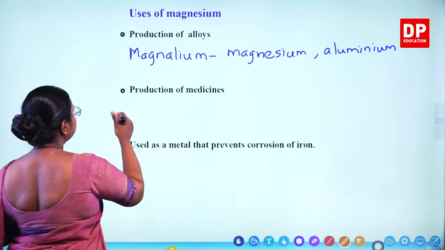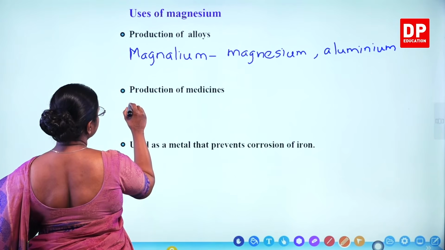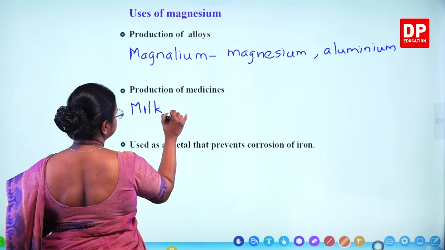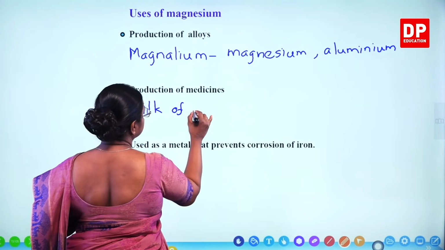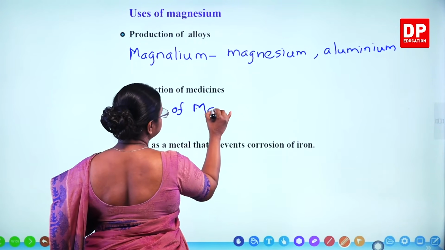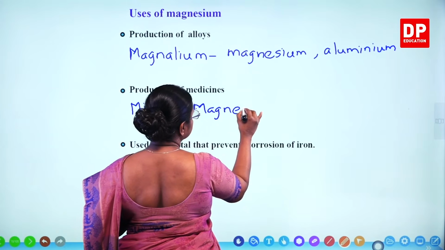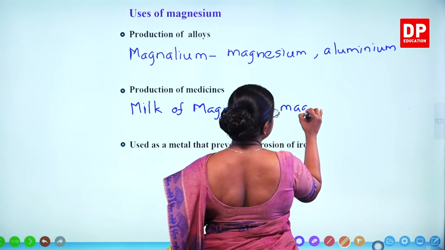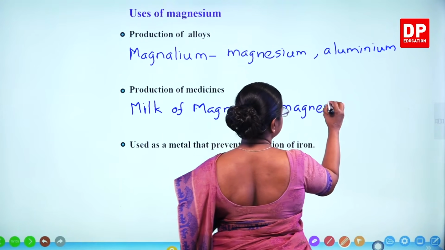So magnesium can be used to produce milk of magnesia. This contains magnesium hydroxide.